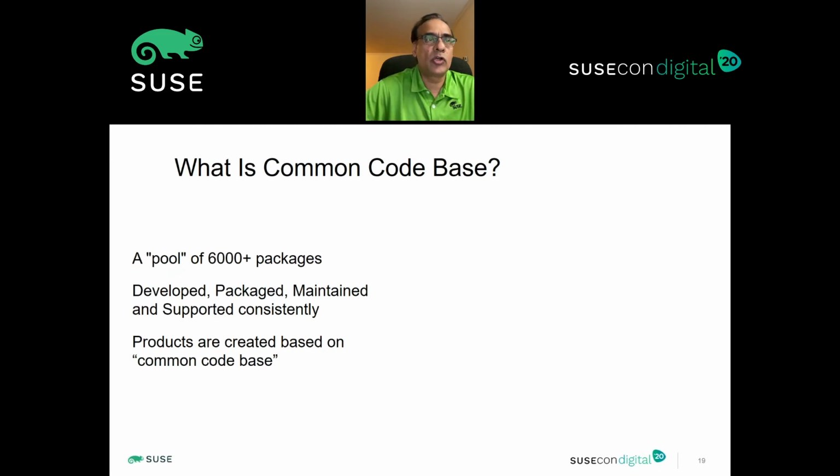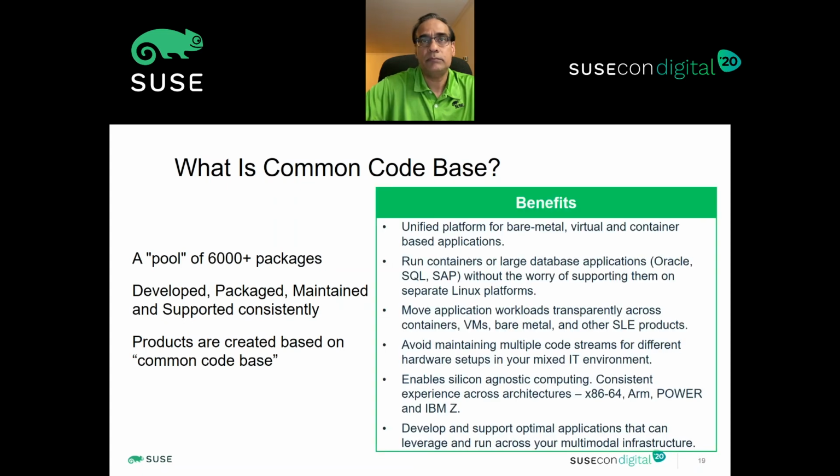Now, what exactly is the common code base? It's a pool of thousands of packages, and these packages are developed, maintained, and supported consistently. And that's where you get the enterprise-grade quality of the overall system. And all the products which are SUSE-based are based out of the common code base. That's where you get the uniform applications.